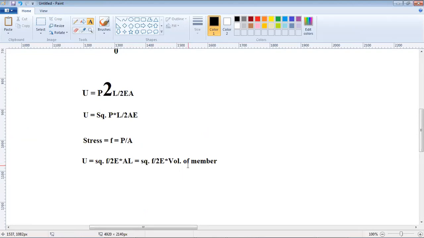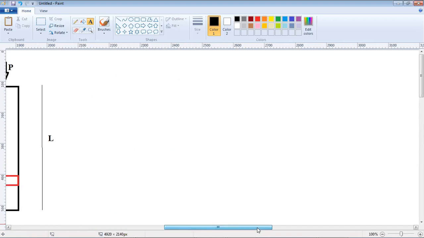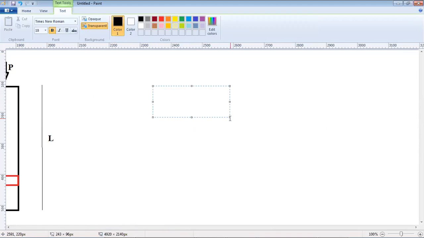Then there may be bending strain. Now the second case is the bending strain. In the bending strain, I'll just write down the overall equation, I will not be deriving this. The overall equation for strain energy is the integral of M square divided by 2EI into ds.